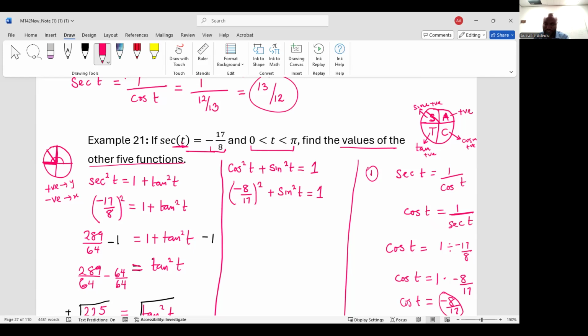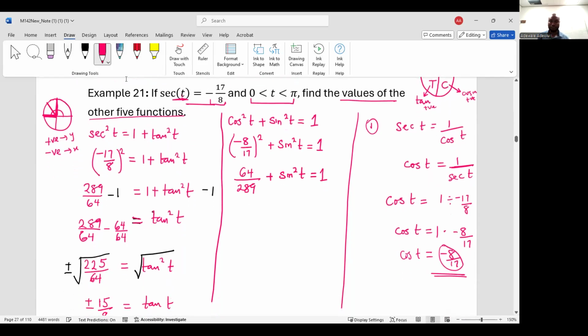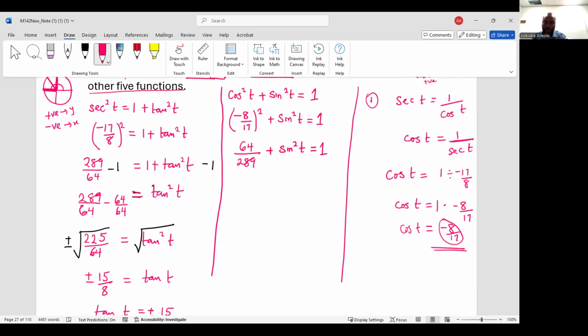So again, I do the same thing. This is 64 divided by 289 plus sine squared of T equals 1. So sine squared of T equals 1 minus 64 divided by 289.